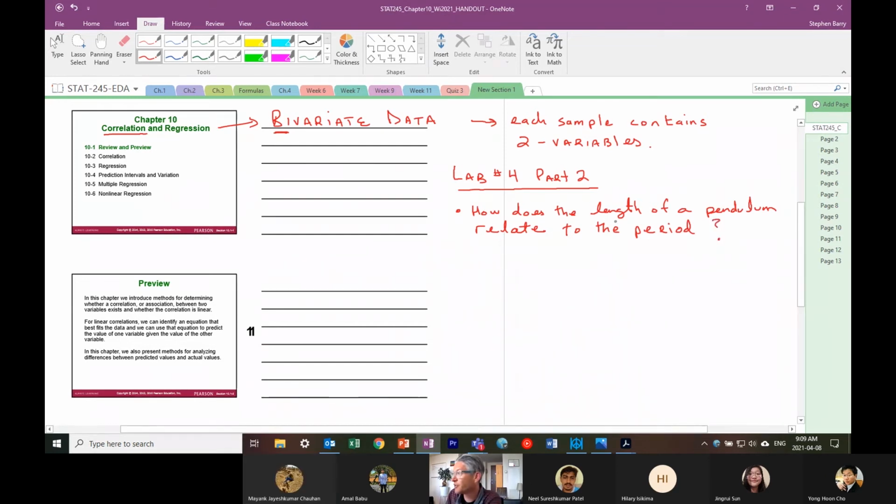Now, you have 2 variables: there's the length and the period. And in this case, which one are we modifying? When we're talking about variables, there's really 3 types of variables. Well, there's maybe actually 4 types. This is going back to chapter 1.